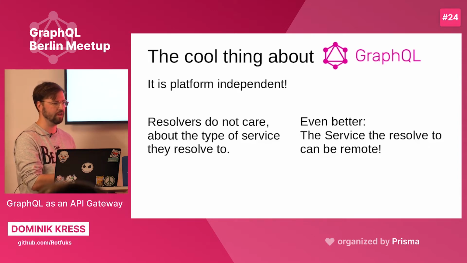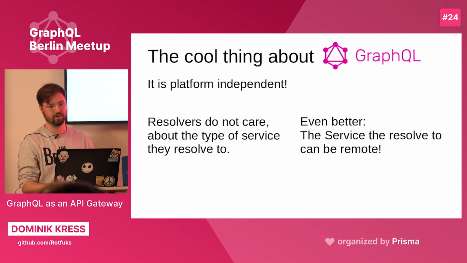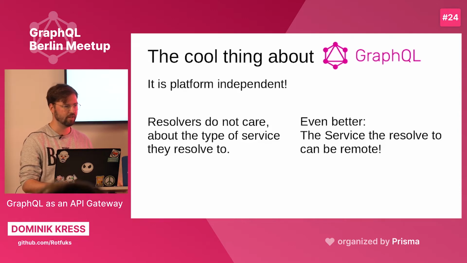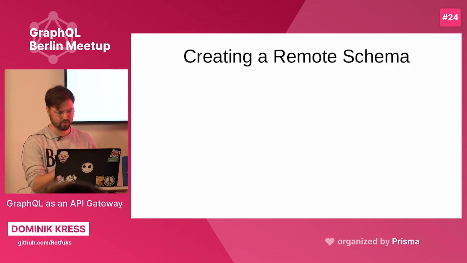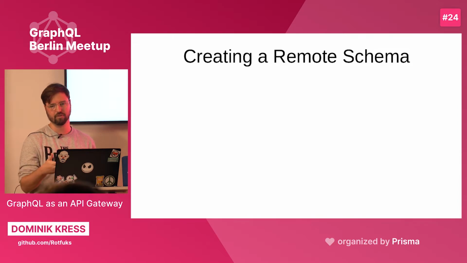You can also create resolvers resolving into other remote origins or remote services. And that really enables us to combine GraphQL as an API gateway with other GraphQL schemas or even REST APIs. So how do you create a remote schema to enable your resolvers?